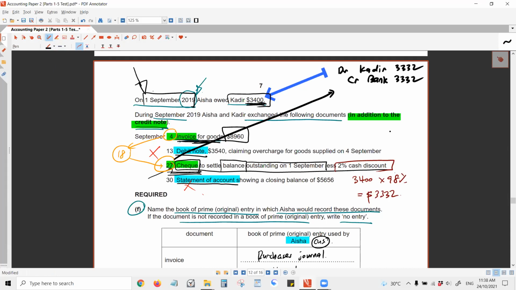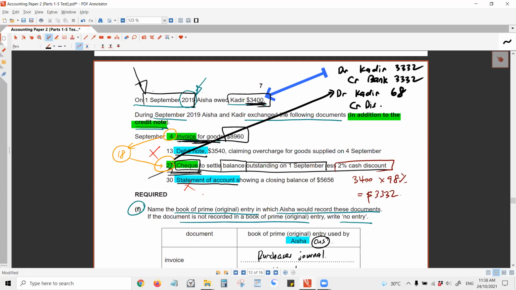How much is it? Should be easy to find. 68. That is 3400 minus 3332. So for the 68, you debit Cardeal, then you credit discount received.